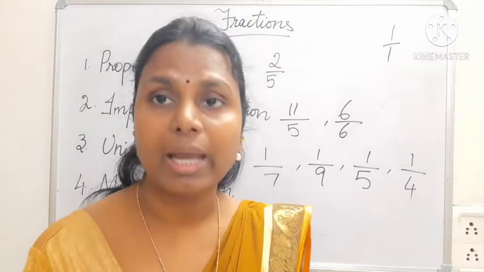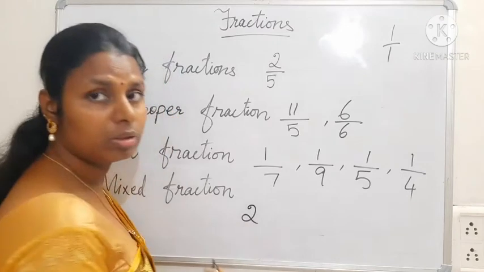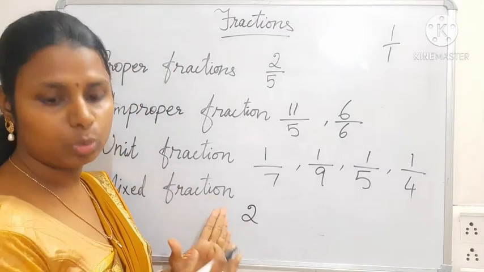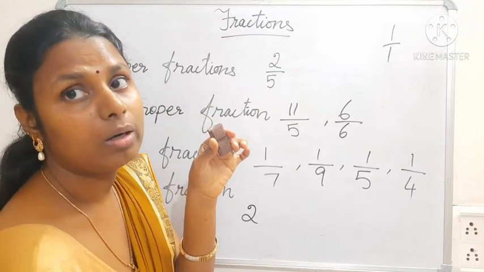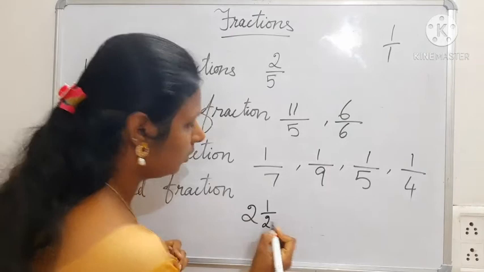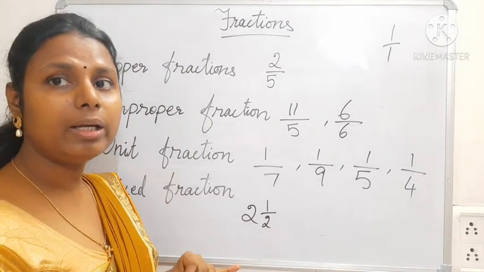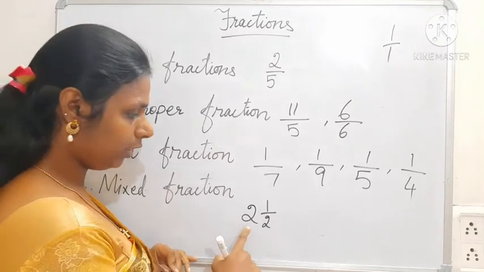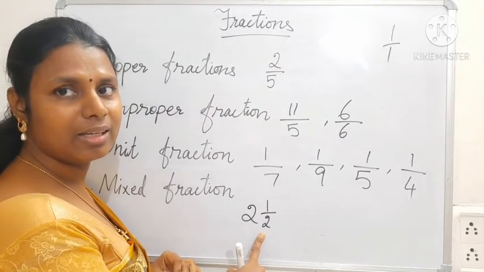So how can I write this one on the board? 2, the whole number 2 pieces था, और दोनों pieces को मैंने लिख दिया, और half pieces को तो मैं half ऐसे लिखूंगी, है ना? 2 and a half. So now here whole number also is there, fraction also is there. Isn't it so?